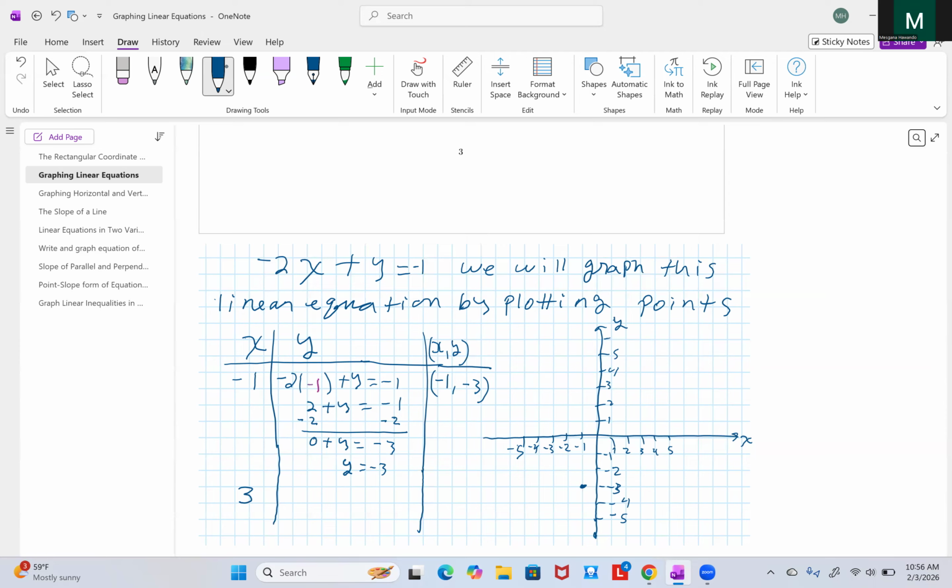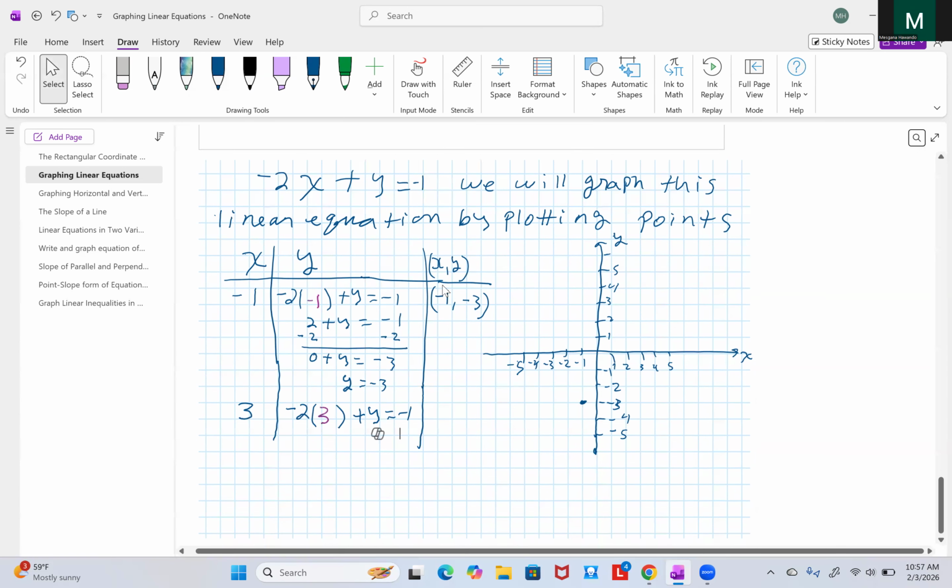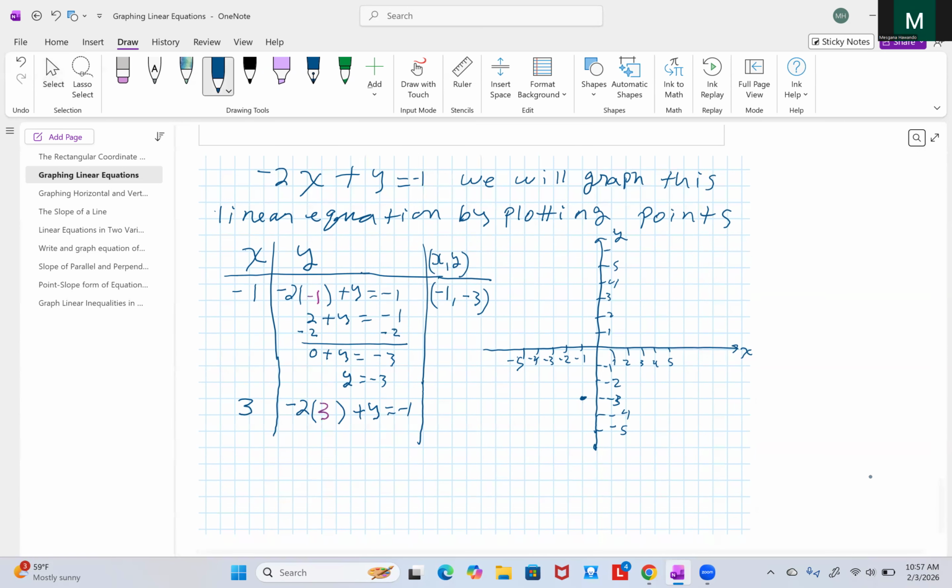The linear equation is -2x plus y is equal to -1. Replace x by 3 in this equation and solve for y. So -6 plus y is equal to -1.